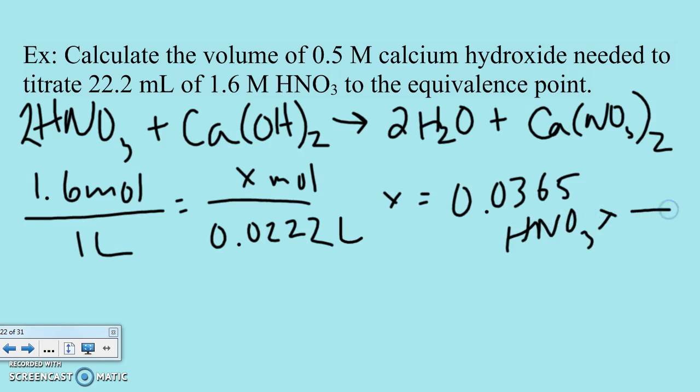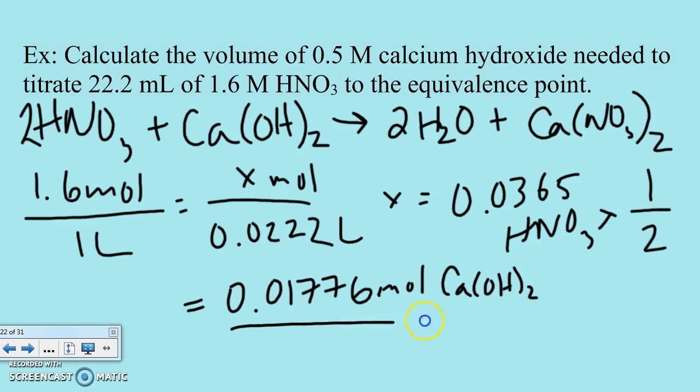In order to convert to calcium hydroxide, we need to multiply by 1/2. And I would label that, but it's going to go off the screen. So I will just say that this is 0.01776 moles of calcium hydroxide.